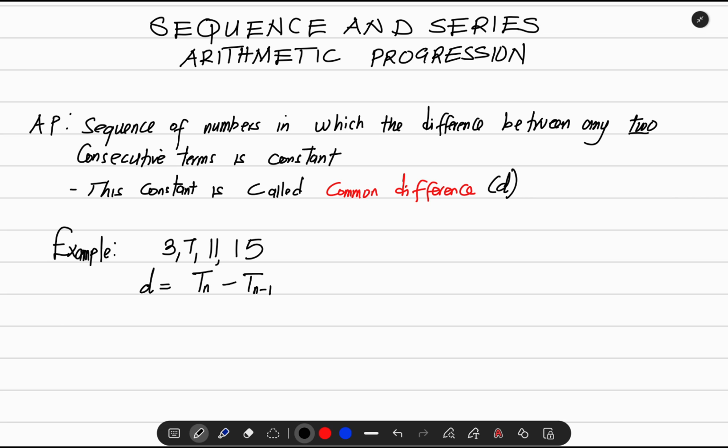Consecutive means following each other, all right? Meaning here, I can get D from 7 and 3. This will give me 4. Or I can get 11 and 7, still giving me 4. Or 15 minus 11, I'm still getting 4. It's common because it's a constant. Okay?